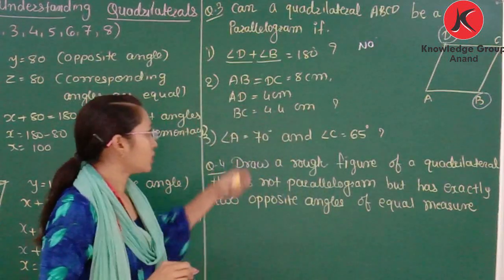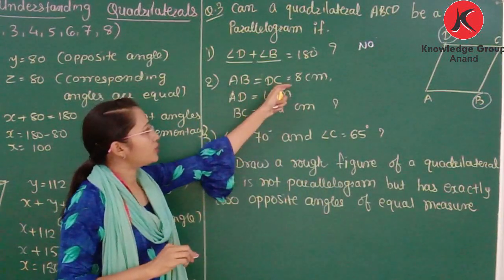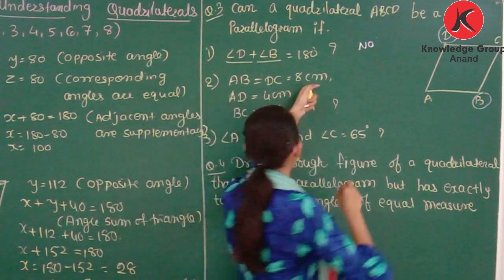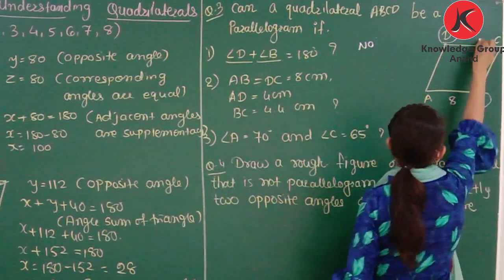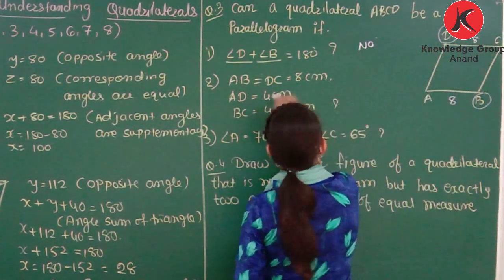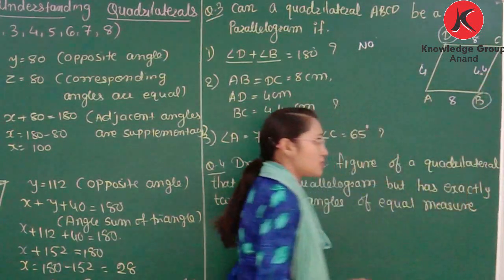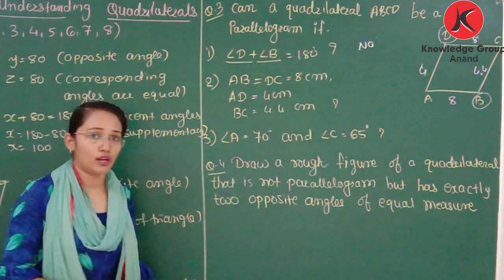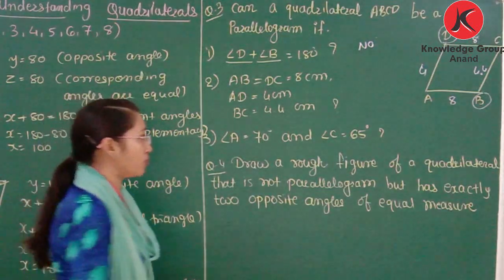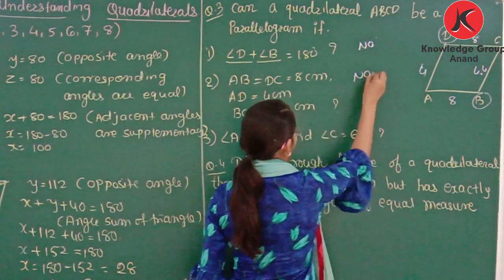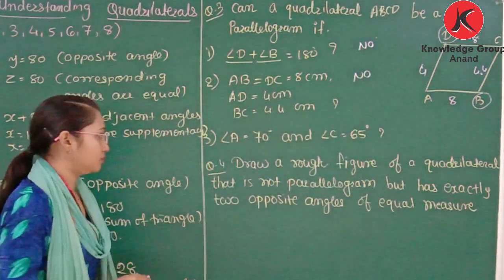Now next one. AB is equal to DC is equal to 8 centimeter. That is AB is equal to 8 and DC is equal to 8. AD is 4 and BC is 4.4. Again, this is not possible because in a parallelogram opposite sides are equal. So this possibility is also not possible.